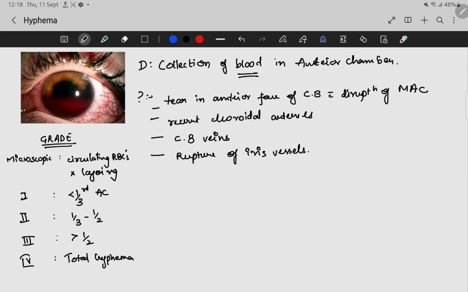So when there is total HYPHEMA, the anterior chamber is filled with blood completely, and when this blood turns into an old one, then this becomes a brownish red or blackish red in color. So that is called as 8 ball or black ball HYPHEMA, right? So that is the grading of the HYPHEMA. Okay.